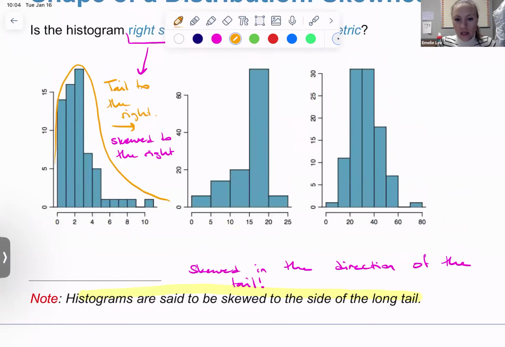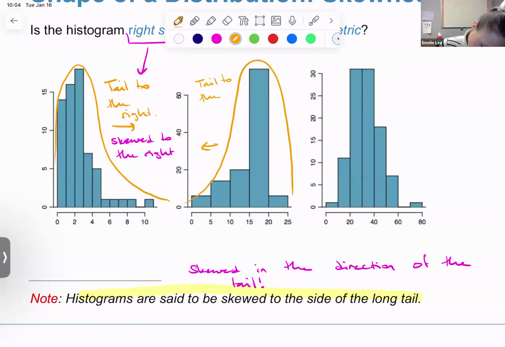So in this case, in the second histogram, if I draw this, I've got a little bit of a tail to the left. And so here, the tail to the left means that it's skewed left.